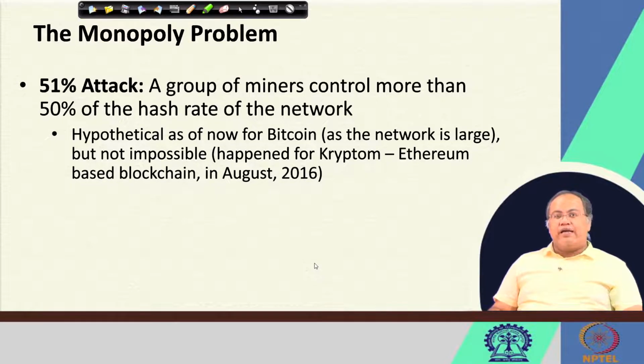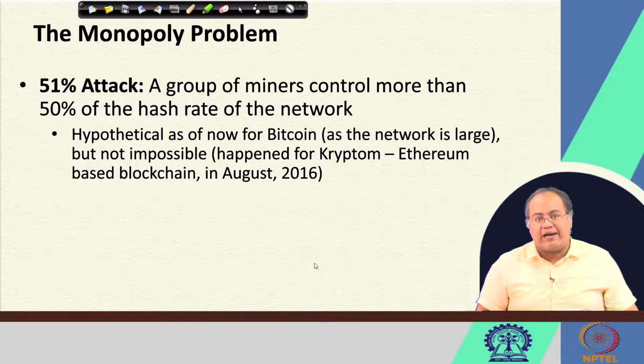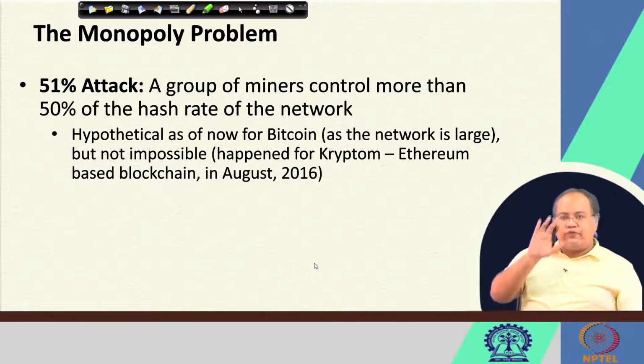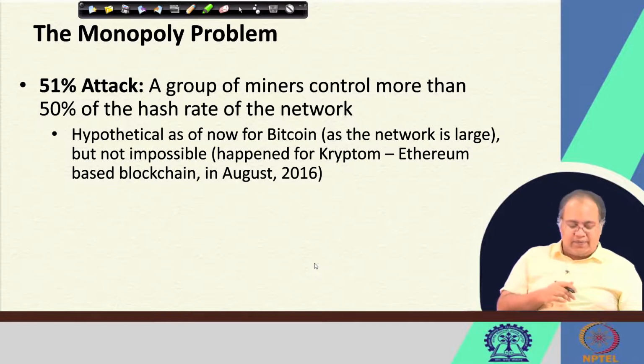Well, and in case there is a monopoly problem, there can be this 51% attack, which says that a group of miners can control more than 50% of the hash rate of the network. Well, if that happens, then the entire security of the proof of work mechanism gets destroyed, the moment these dishonest people become the majority in your network.